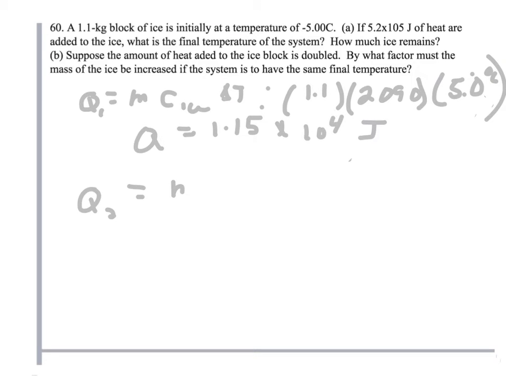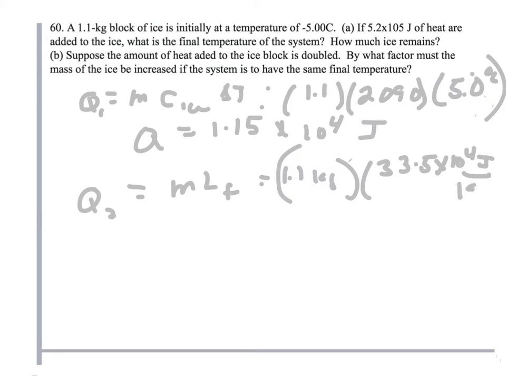So that's going to be our mass times our latent heat of fusion. And our mass is 1.1 kilograms, and that's multiplied by our latent heat of fusion, and this is right off our chart, in joules per kilogram. So we see where the kilograms cancel out right there, and we get a Q2.